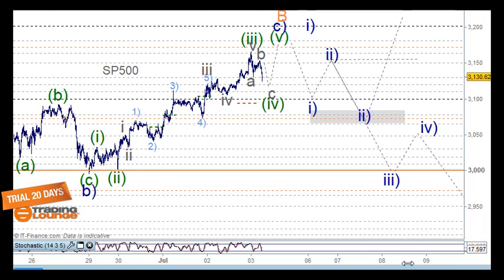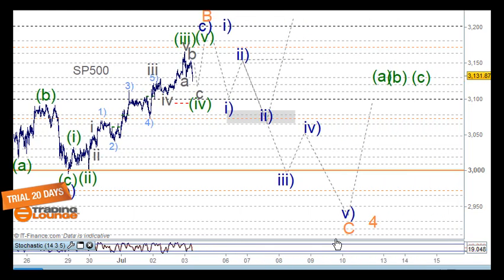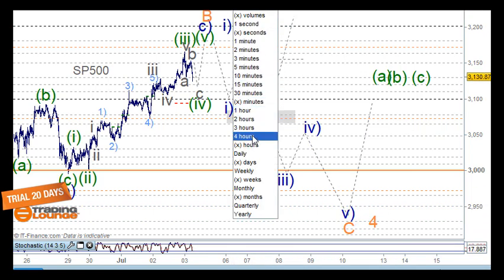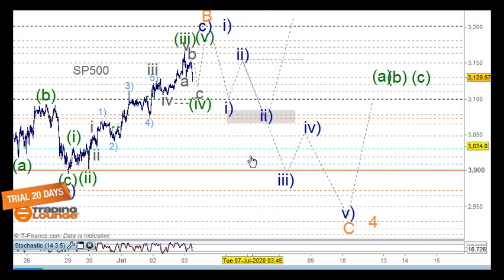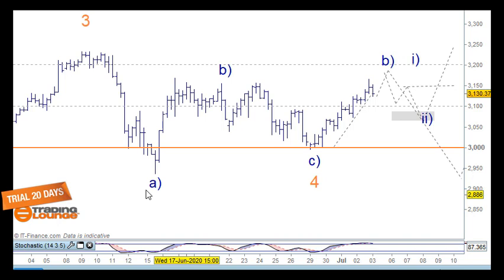Now, which one do I think is right? Well, probably this wave C here in this instance. And the reason for that is because when we come back into this space here, we have to remember that we've got this 5-wave structure here.